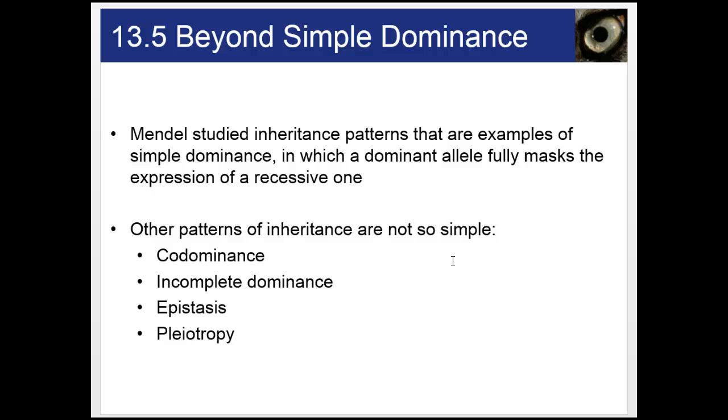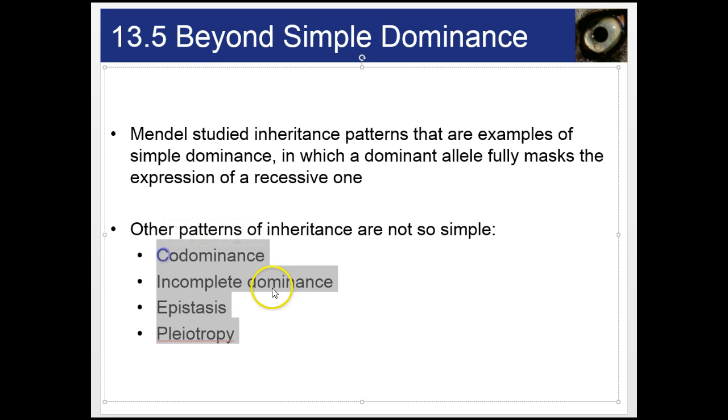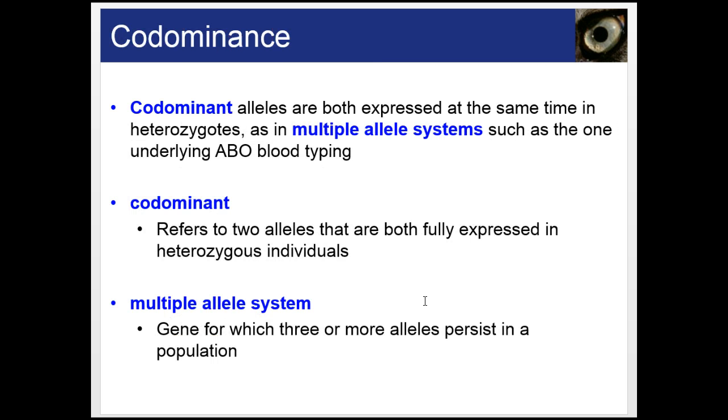But there's other patterns that exist that we have found that are not so simple, and we'll talk about each of these right here. For instance, there's codominant alleles, meaning that neither allele is completely dominant over the other. For instance, in the ABO blood typing group, A and B are actually dominant together.